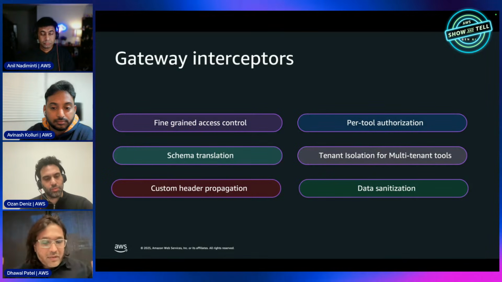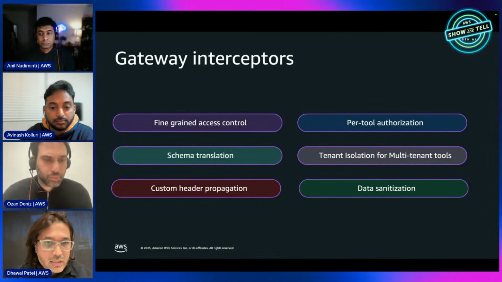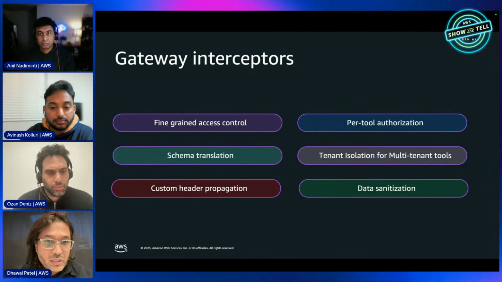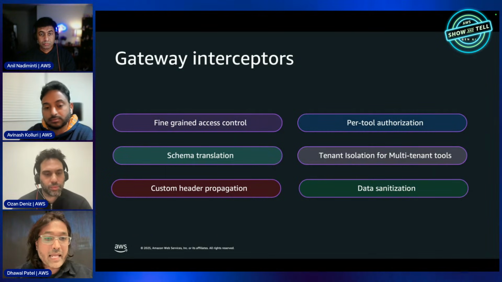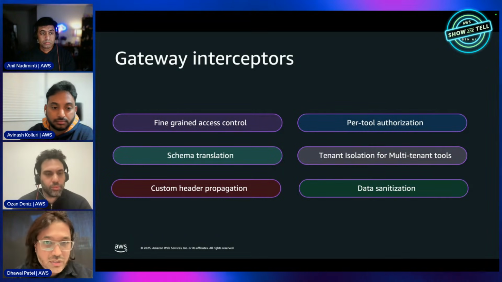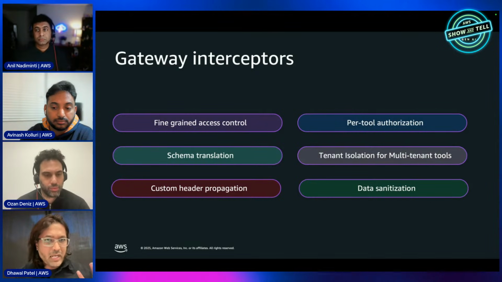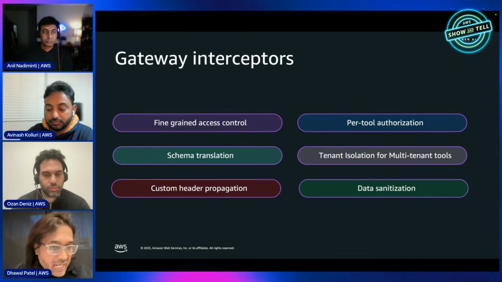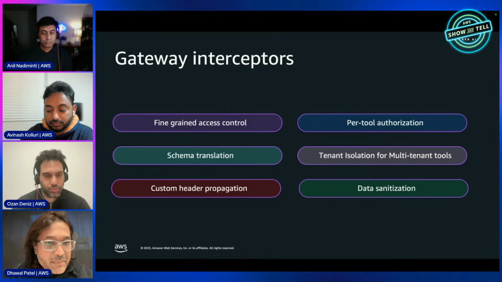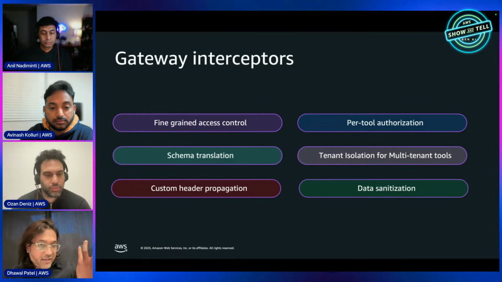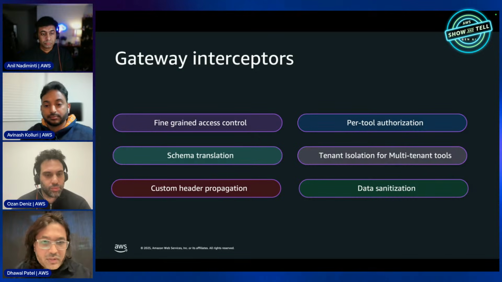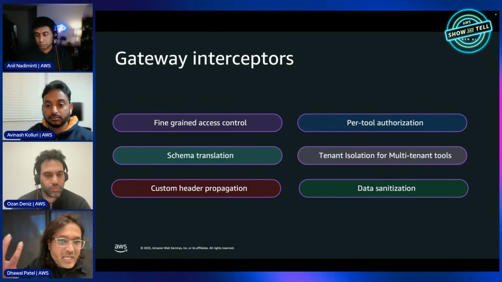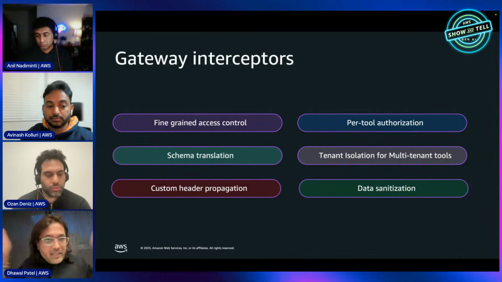And what it gives is an ability to perform additional functionality for our customers, not just fine-grained access control. Think about when you have downstream APIs talking in a specific schema, and you have this MCP JSON RPC schema exposed to your agents. Now things can change, right? The downstream APIs can change their schema, and you want to build a decoupled system.